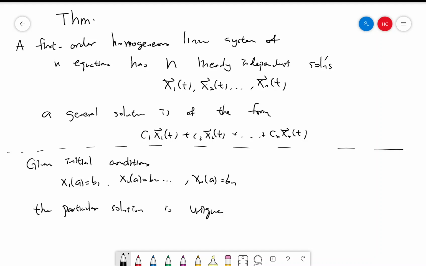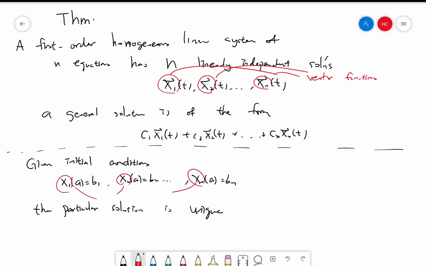So notice that these x1s and these x1s are different. These x1, x2, xn's are vectors. These are vector functions. And these are just entries of the vector functions. So be careful, they don't mean the same thing here.